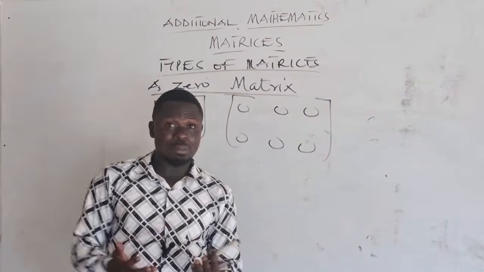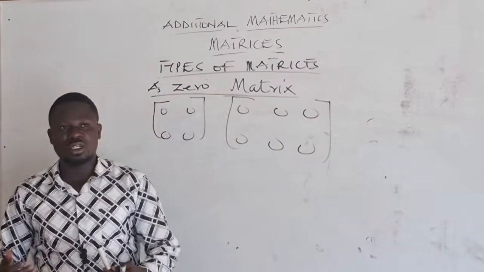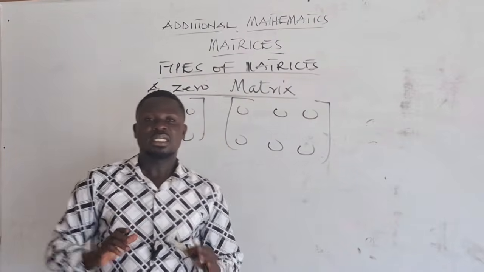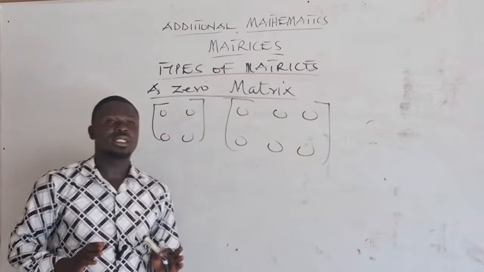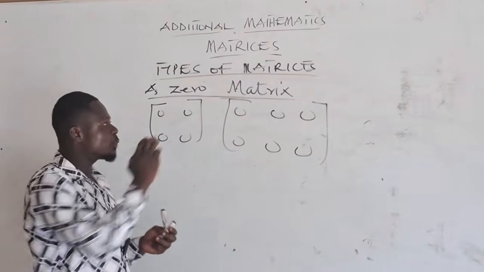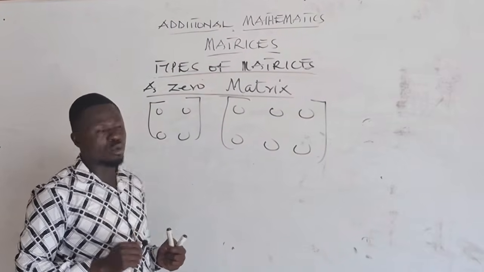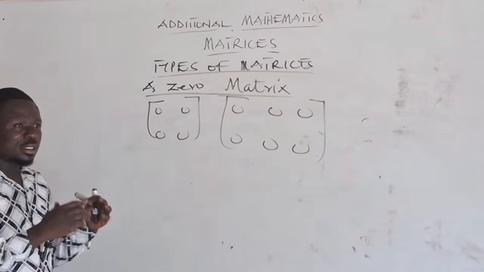Regardless of the dimensions, whether it's a square matrix or a rectangular matrix, if only the elements are all zeros, then we say that it is a zero matrix. So a typical example has been shown here. This is an example. This one too is an example. All the elements are zeros.